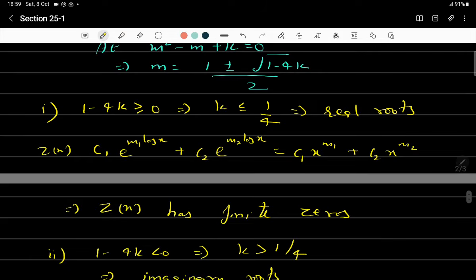I also consider the case 1 − 4k = 0 here, because in the case of equal roots you also get finitely many zeros.